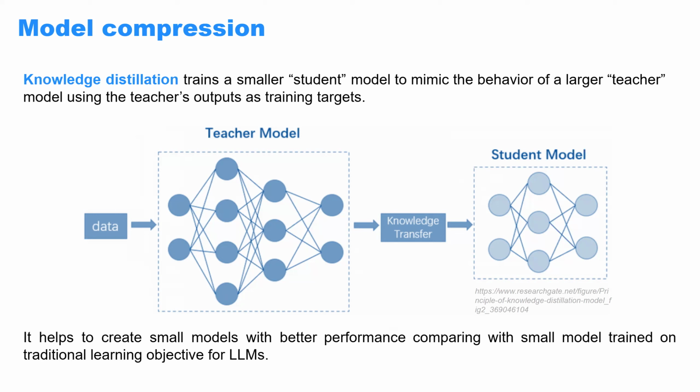We don't train the student model on our task directly. We just want to mimic the answers of the teacher model. As a result, it helps to create small models with the performance of bigger models. And it works even better than if we had trained our student model just on the task. So I guess that's all for now.